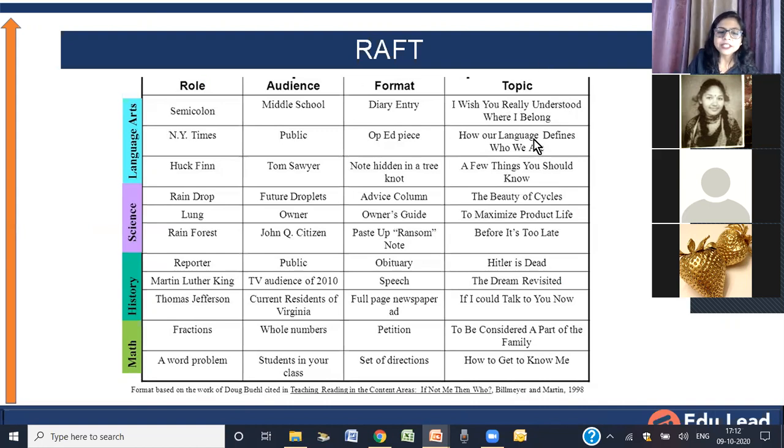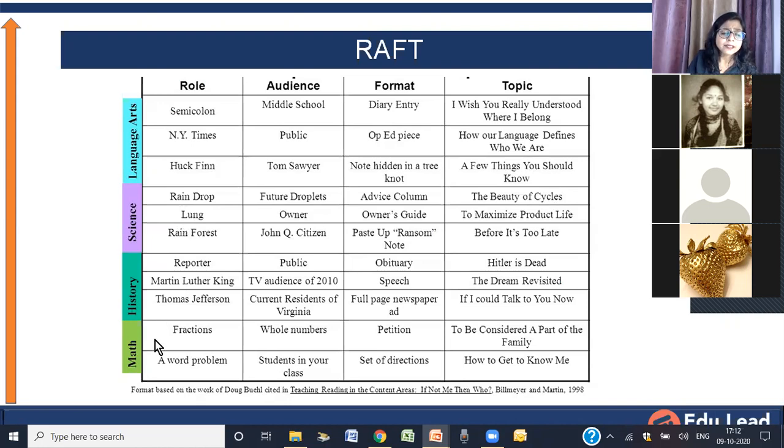This is purely language. Let's come on to science. Raindrop is speaking to future droplets, and the format is an advice column, and the topic is the beauty of cycles. So here the children will be studying about, say, the water cycle, and this is how they can write it.